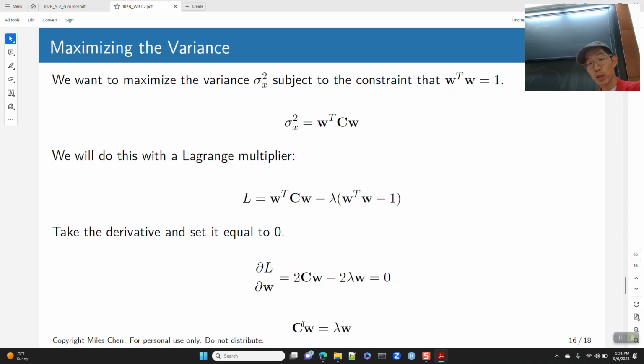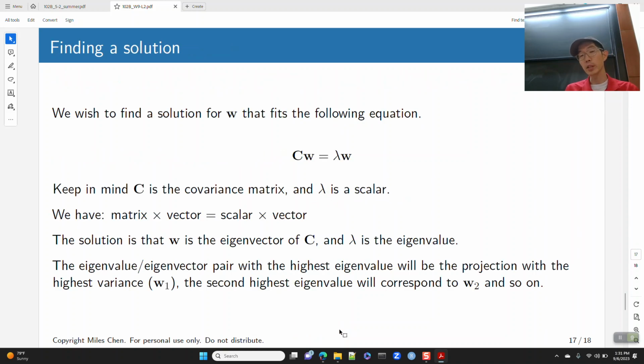And does this look familiar? We have matrix times a vector is equal to scalar times a vector, right? That's the setup for an eigenvalue, eigenvector problem. So w is going to be the eigenvector of C, and lambda is going to be the eigenvalue. So the solution is that w is the eigenvector of C and lambda is the eigenvalue.